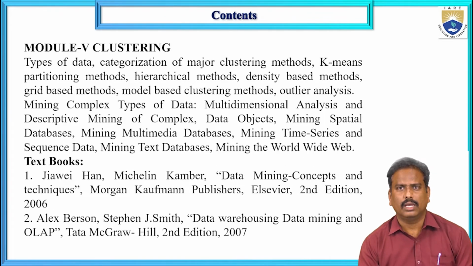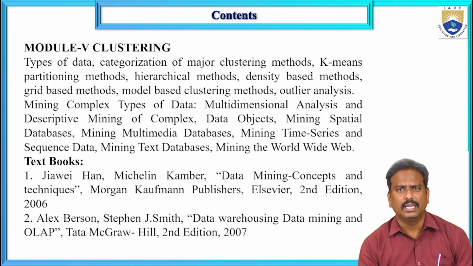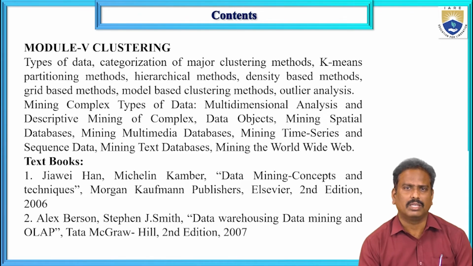Okay, so then coming to module 5, here we'll be learning about the data mining functionality, clustering. So how you are grouping the data. We know there are two types of learning: one is supervised learning and another one is unsupervised learning.